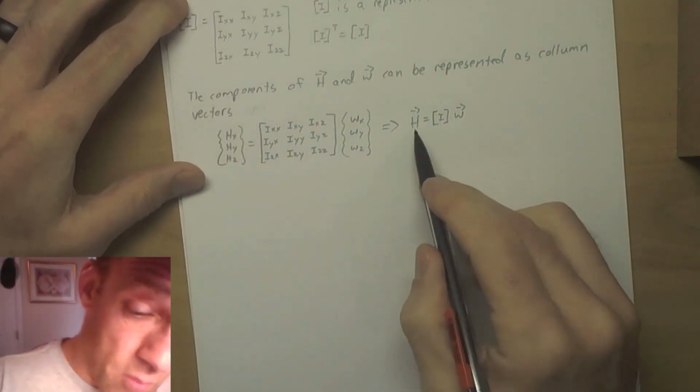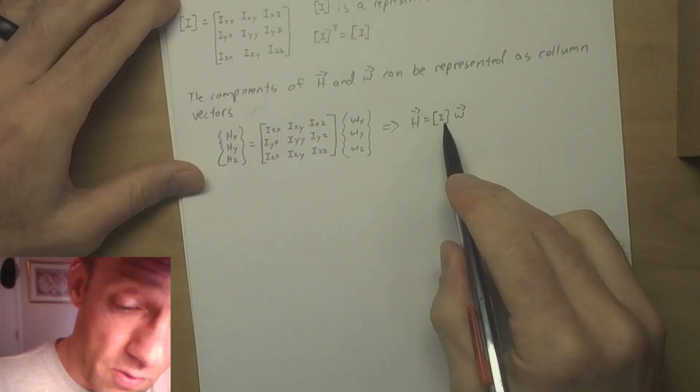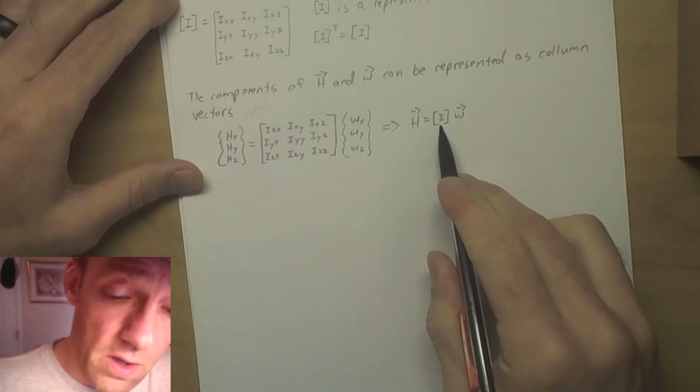So now there's a simple mapping between the mass distribution and the angular momentum.